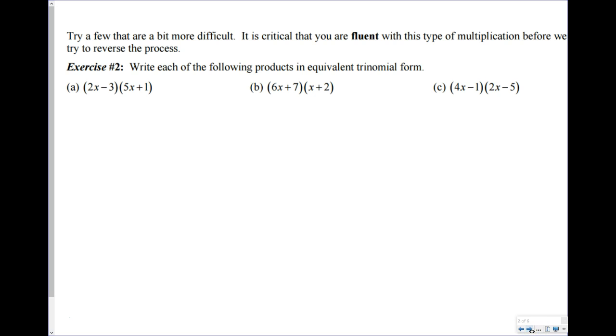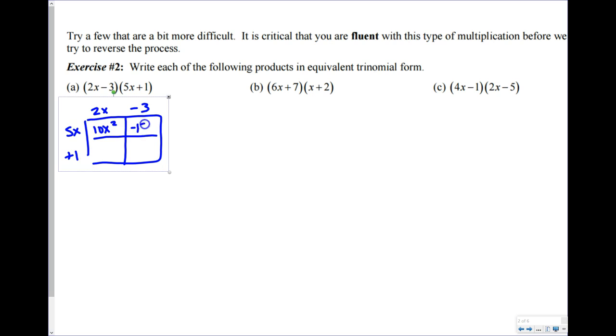But let's do a little bit more practice with some that are a little more difficult, where now we have coefficients in front of the x's instead of just x's by itself. So I'll do the first one like I did last time, and then I want you to pause and do the other two on your own. If you want to pause now, please feel free to pause anytime and try these on your own. I really encourage it.